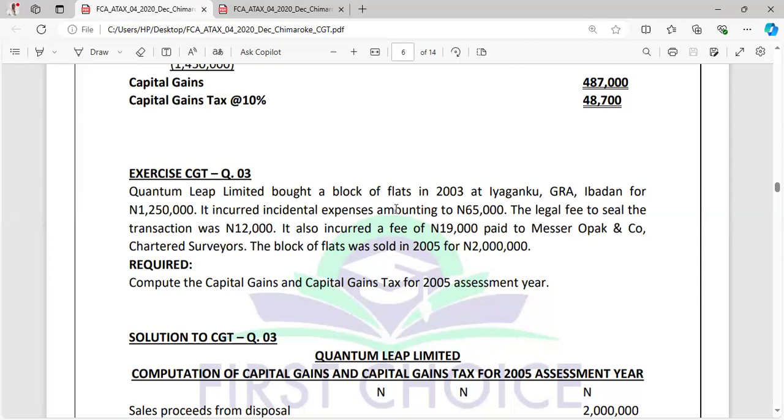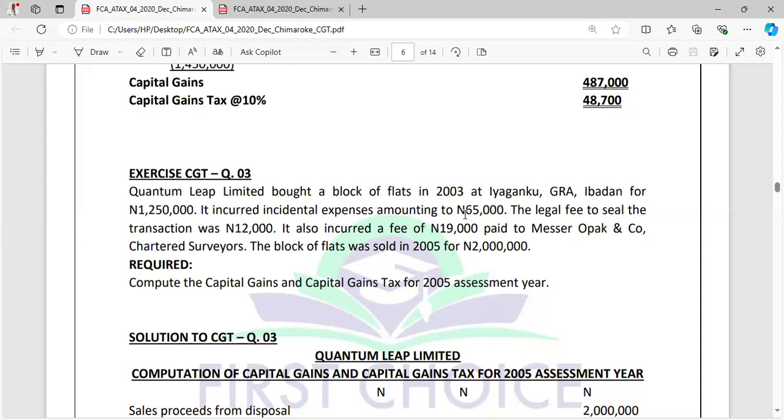Okay, what do we call all these? It incurred incidental expenses amounting to 65,000. Because you see the word incidental expense, these are not necessarily expenses incidental to disposal.